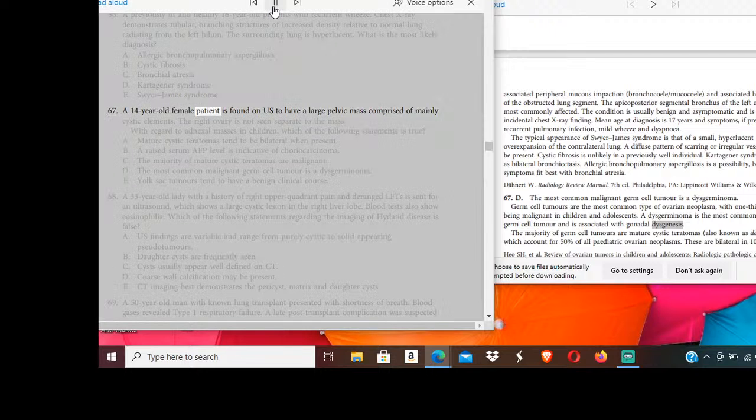67. A 14-year-old female patient is found on U.S. to have a large pelvic mass comprised of mainly cystic elements. The right ovary is not seen separate to the mass.